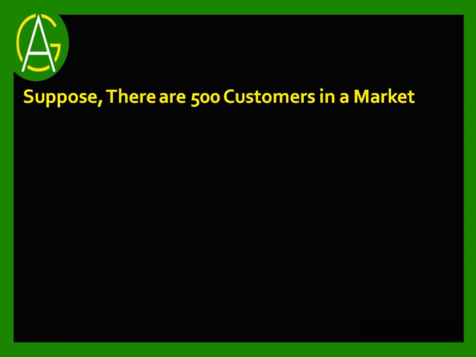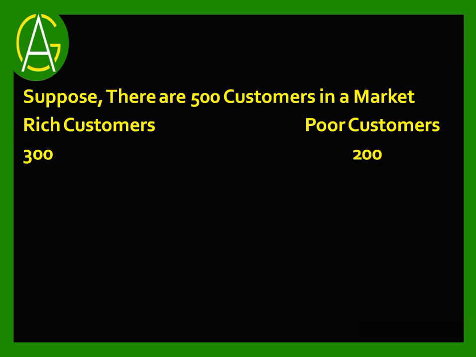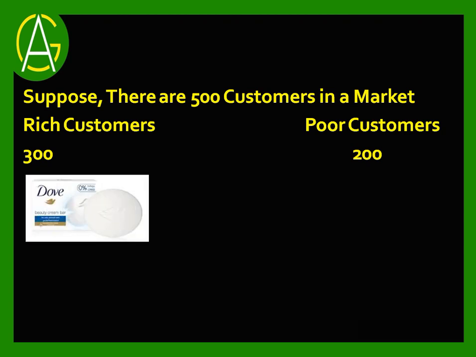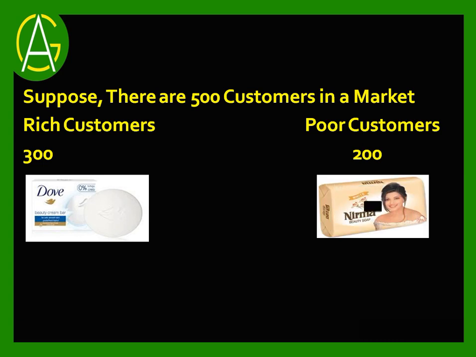Let us take one example. Suppose there are 500 customers in the market. Out of these 500 customers, we can divide these customers into two groups. There can be rich customers and there can be poor customers. Suppose 300 rich customers are there and 200 are the poor customers. Now these rich customers use Dove soap for bathing, and these poor customers use Nirma soap for bathing.